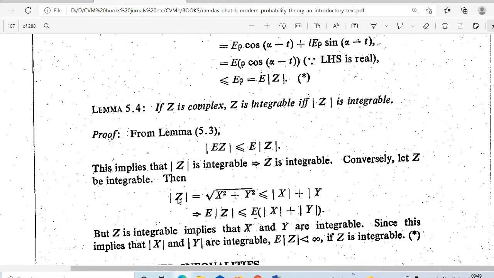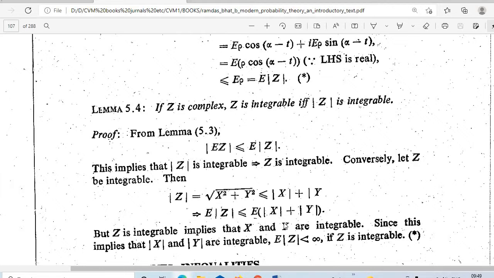You can apply expectation to both sides. That is, expectation of mod z is less than or equal to expectation of mod x plus mod y. Since z is integrable, naturally the real part x and imaginary part y are integrable, because the entire complex function is integrable.